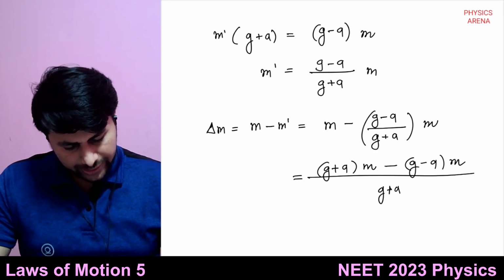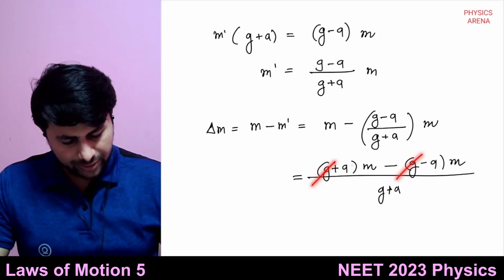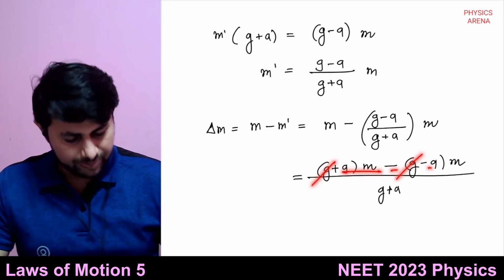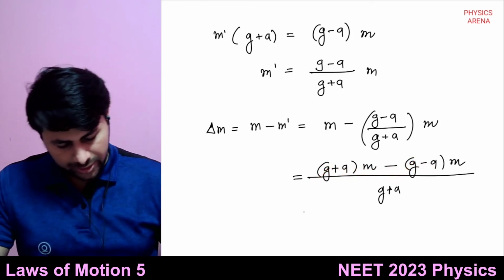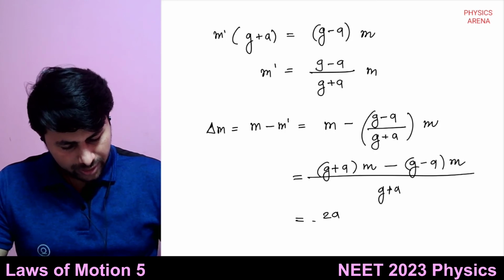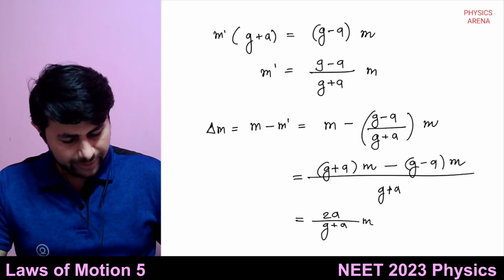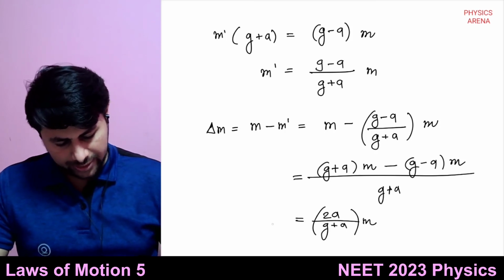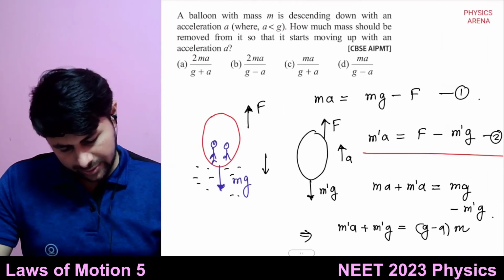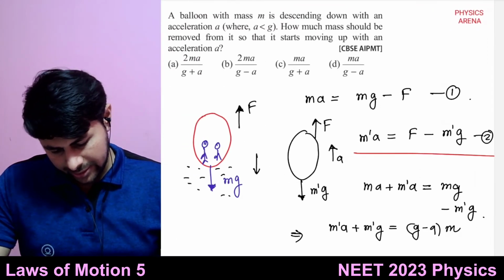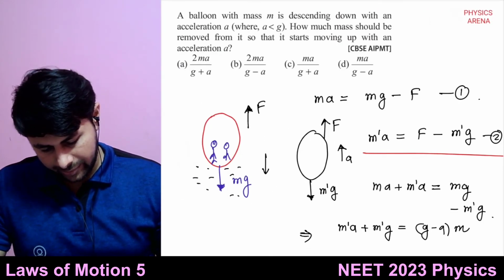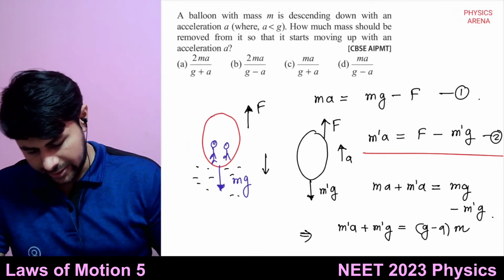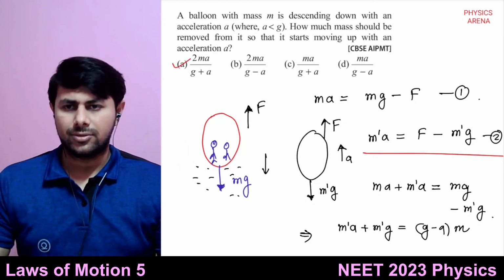So g and g get cancelled out. A times m, and this minus minus becomes plus a times m. So it is 2a upon g plus a multiplied by m. This is the answer, the change in mass: 2a divided by g plus a. Option A is the answer. So you got this.